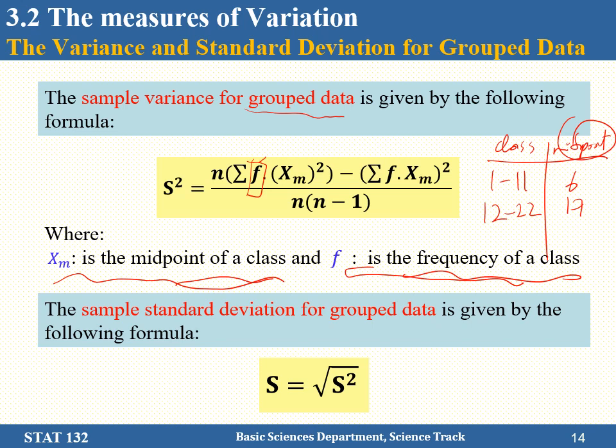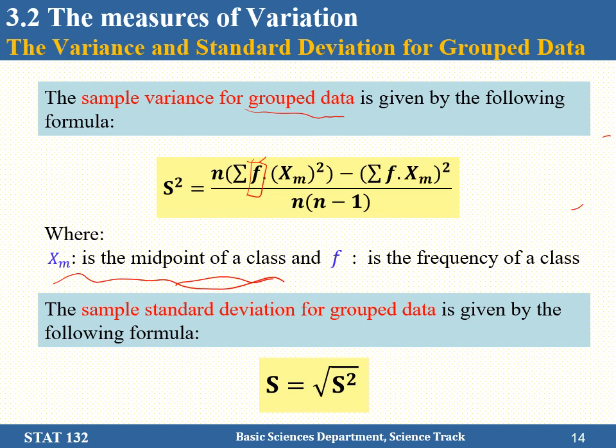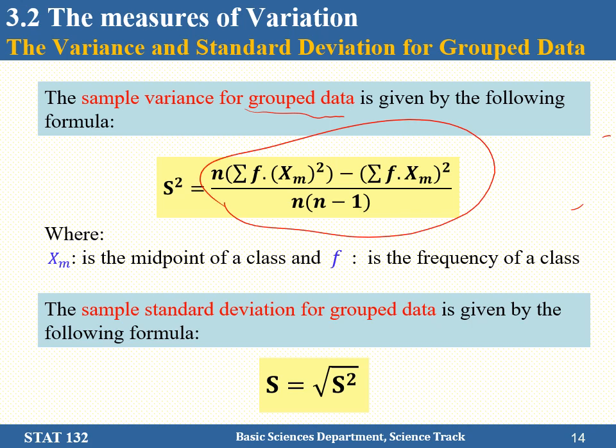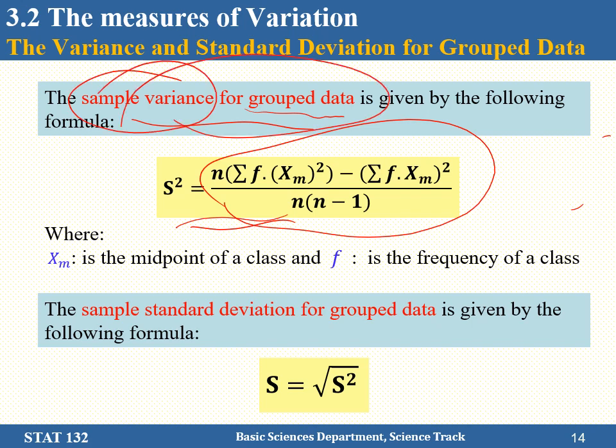Now, this is just an example. From the classes, the midpoints and the frequencies, you will find these values, and then this formula will give you the sample variance for group data, and when you take the square root of it, it gives you the sample standard deviation for grouped data.